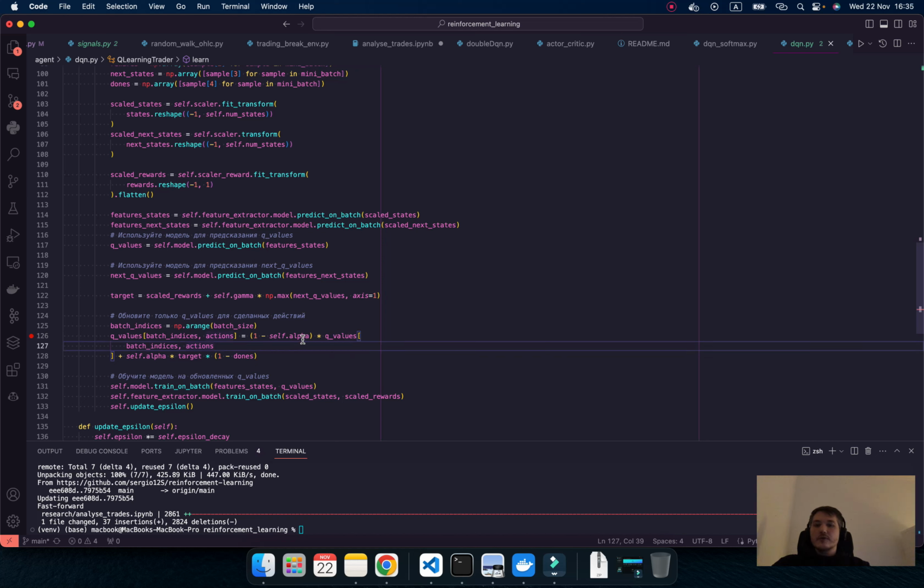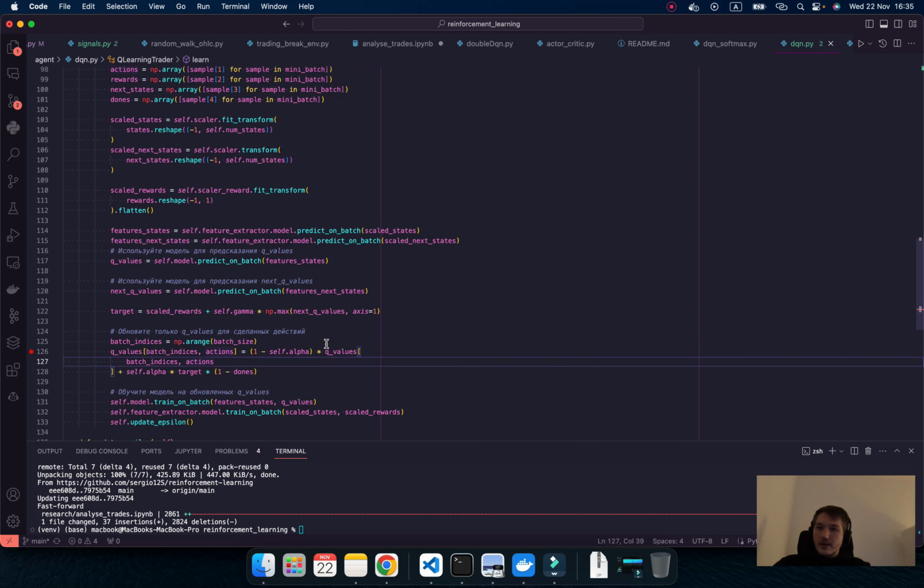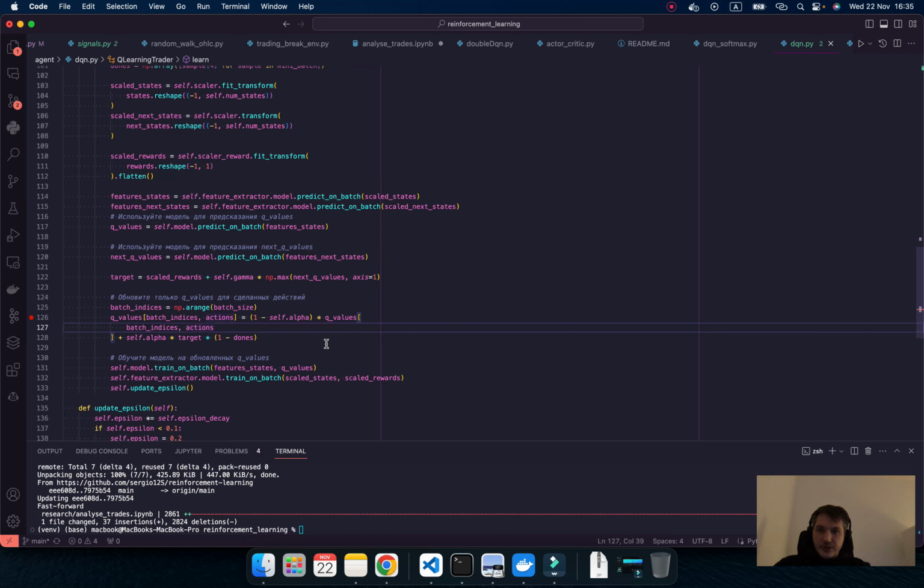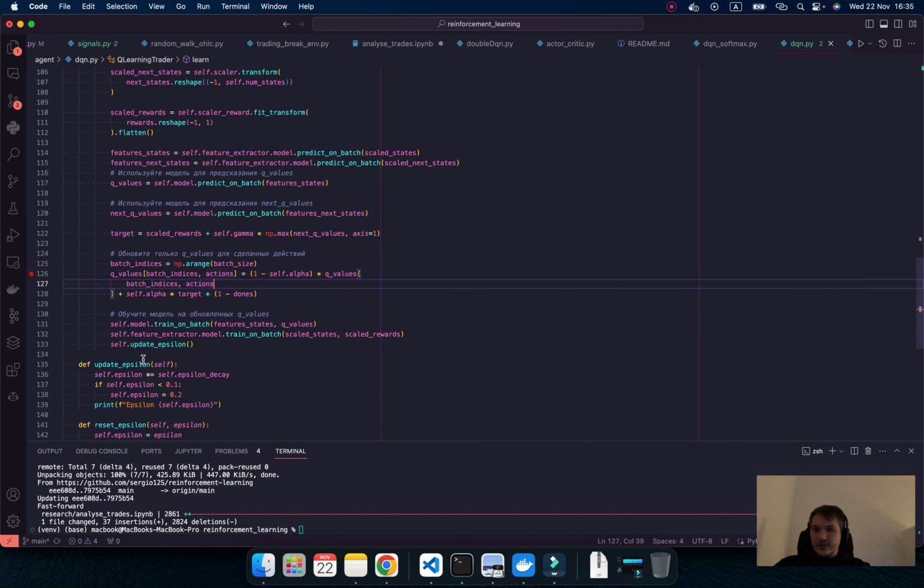But right now, gamma and alpha are constant values. We need to create some function that decreases alpha and gamma. You see, it's like updating epsilon. It's very simple, and I need to create an additional function to update this alpha and gamma.